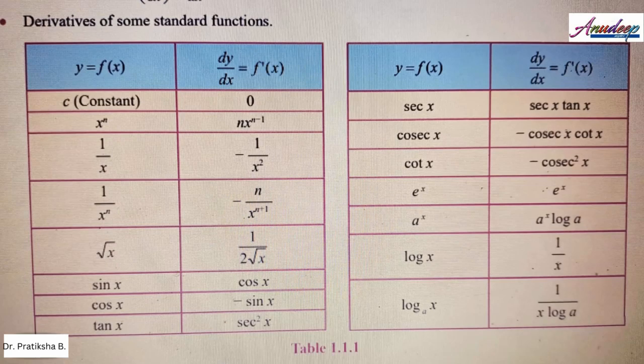Similarly, the derivative of 1 by x is minus 1 upon x square. 1 upon x raised to n gives minus n upon x raised to n plus 1. Root of x gives 1 upon 2 root x, and so on. These are the formulas that you have to learn by heart so that it will be easier for you to solve the problems. This chart is very important. You can practice all these formulas and write them without looking at it.